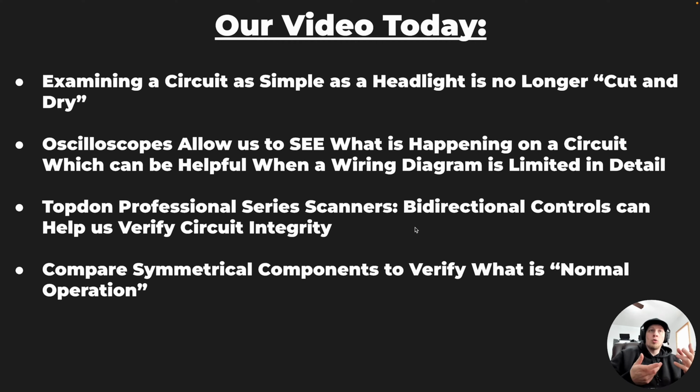So if we're not sure what's supposed to be happening on the circuit, maybe we have a problem on the left side, which is what we have on this vehicle, and we want to figure out if the circuit is okay or normal, we can go over to the other side of the vehicle where there is no problem, take measurements and make a comparison. This will allow us to understand whether what we are seeing on the side where the problem exists is normal or acceptable.